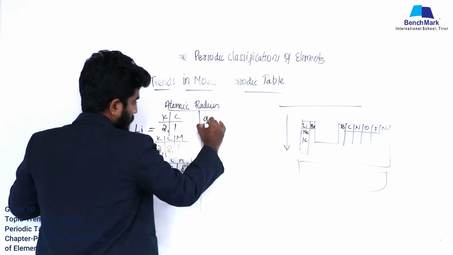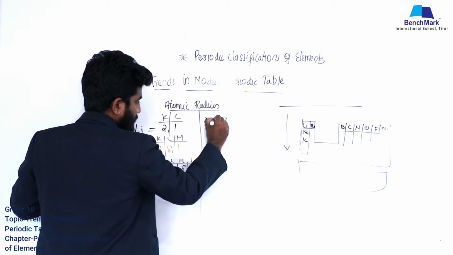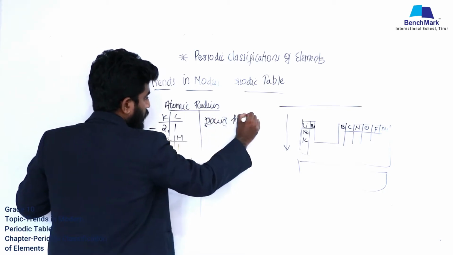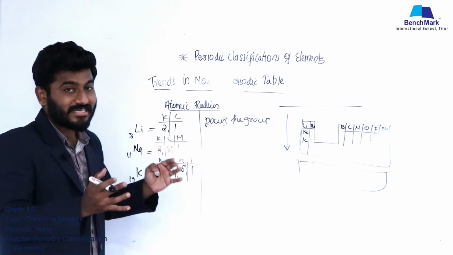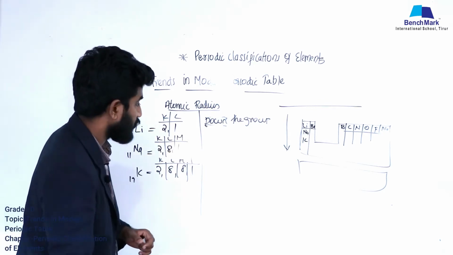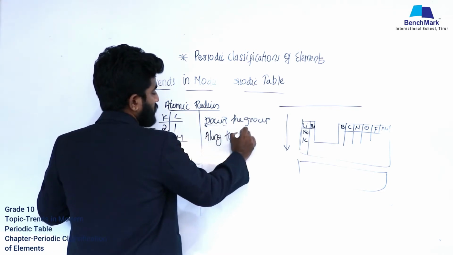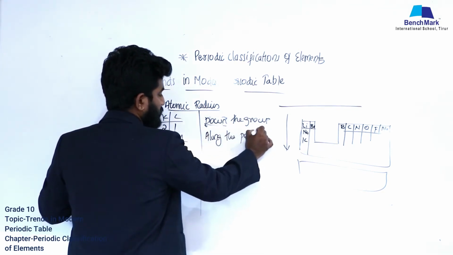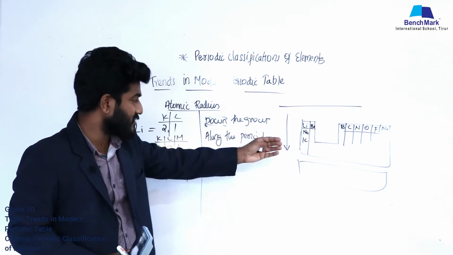Down the group, what happens? Tell me. Down the group, atomic radius increases. That's the point you have to note. The second thing is along the period.